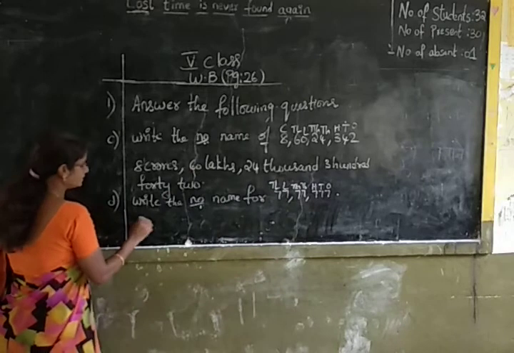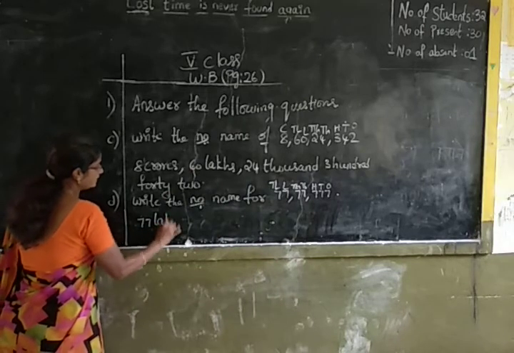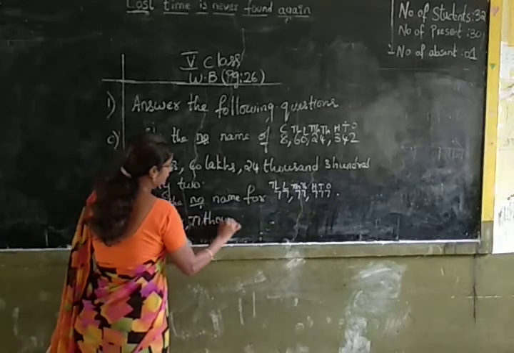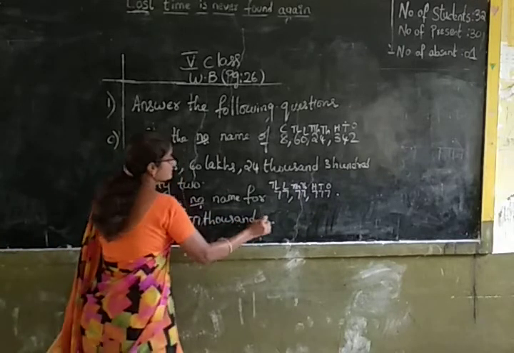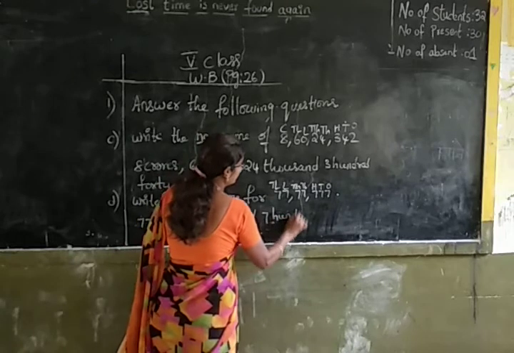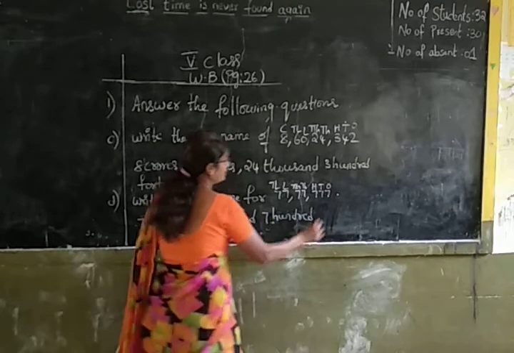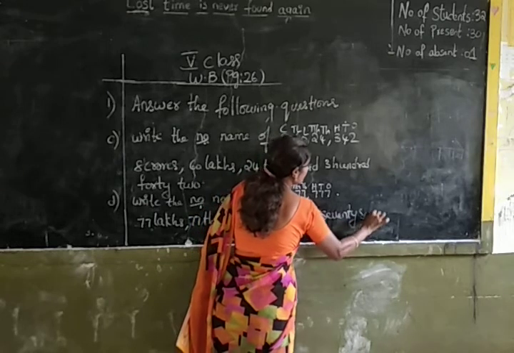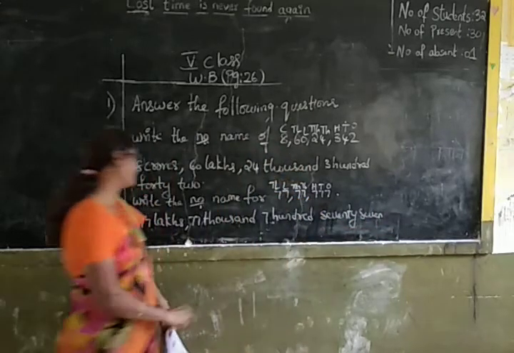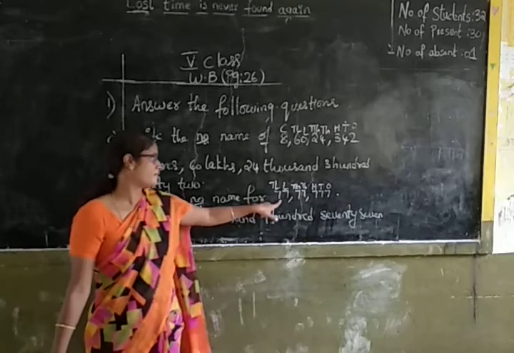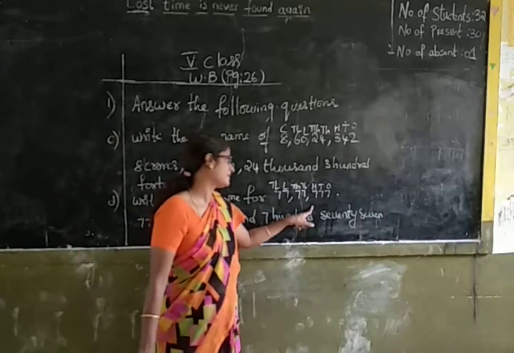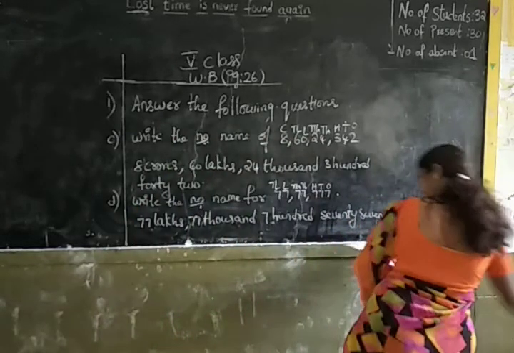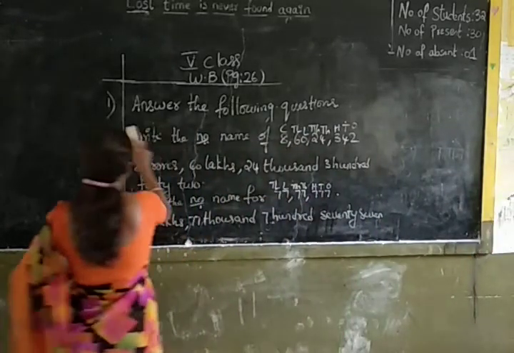So now how will we write this number? 77 lakhs, 77,777. Okay. How will you read this number? 77 lakhs, 77,777.